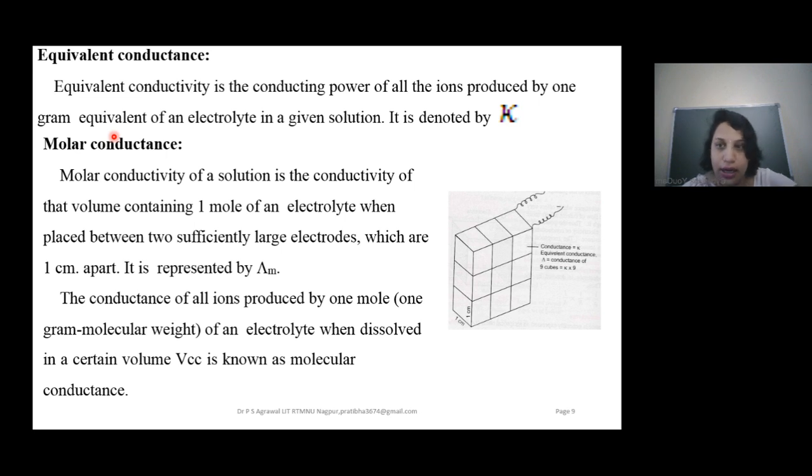And about the molar conductance, molar conductivity, it is helpful in comparing the conductance of electrolytes. It is defined as the conductivity of a solution of 1 mole of electrolyte when it is placed between two electrodes 1 centimeter apart. So this is for 1 gram equivalent of electrolyte. This is for 1 mole of an electrolyte. So this we have to remember.